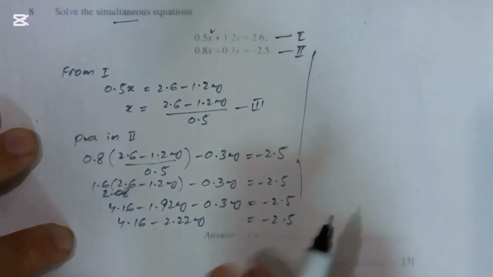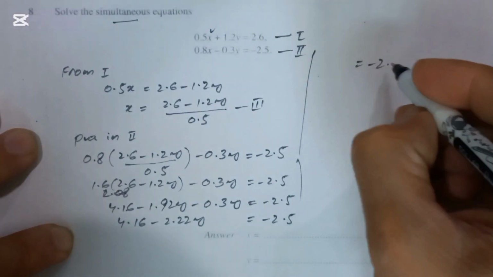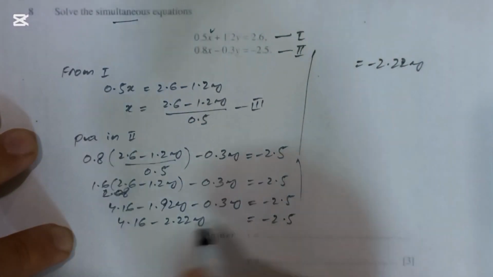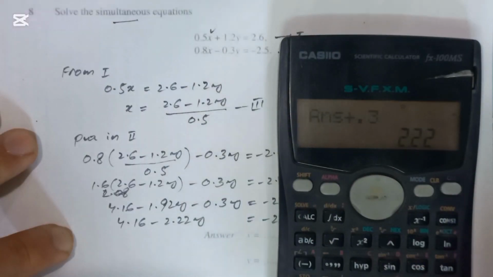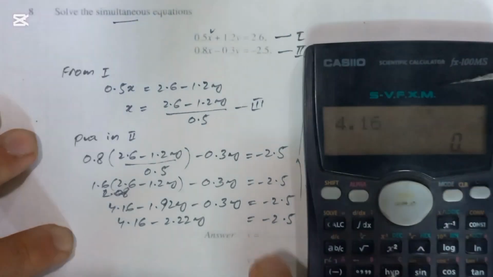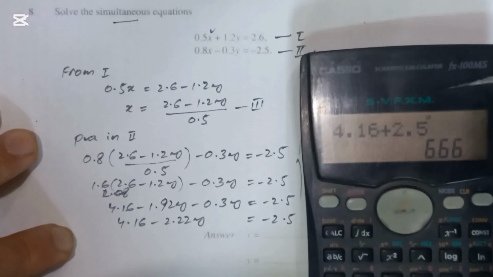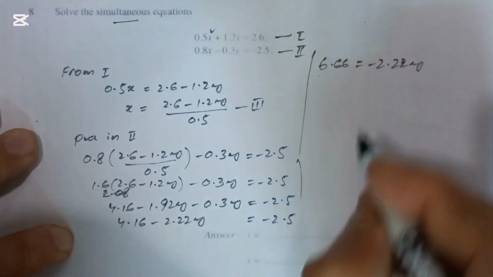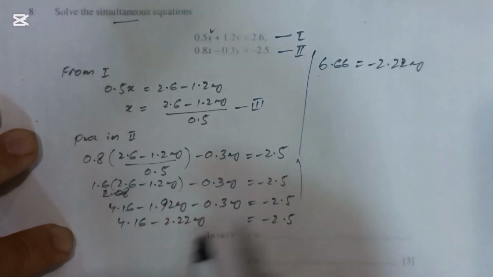From here, shift this minus 2.22 to the right side. And this minus 2.5 will shift to the left side and it will become positive. So 4.16 plus 2.5 will become 6.66, and this 2.22y will be shifted to the right side and become positive.